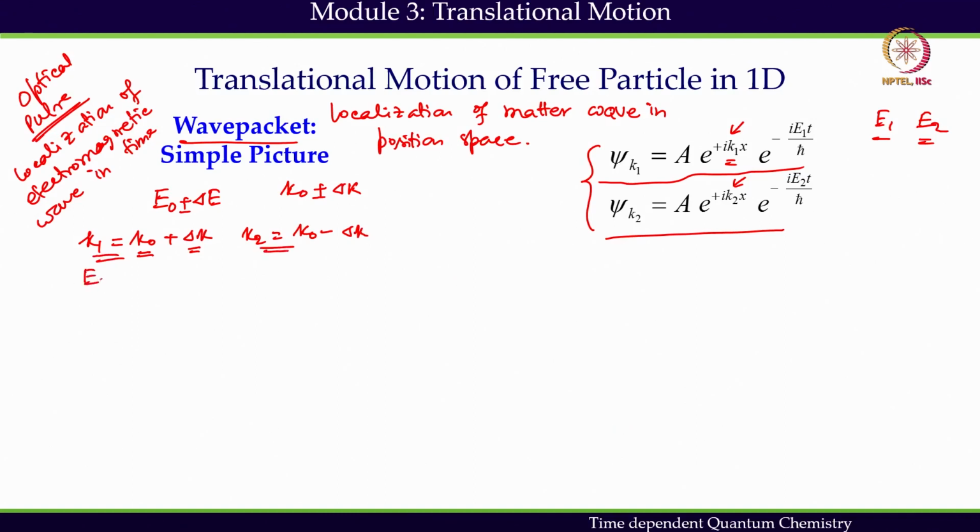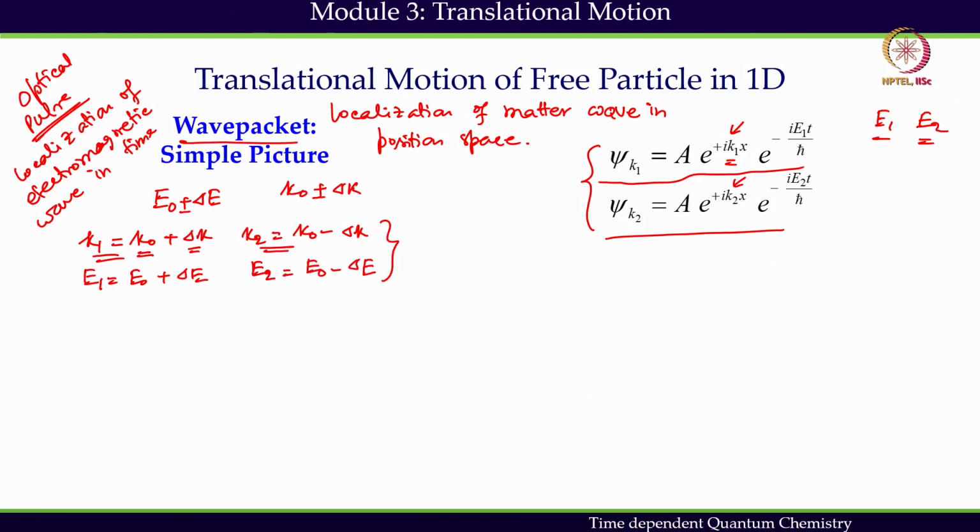Similarly, E1 equals E naught plus delta E, and E2 equals E naught minus delta E.